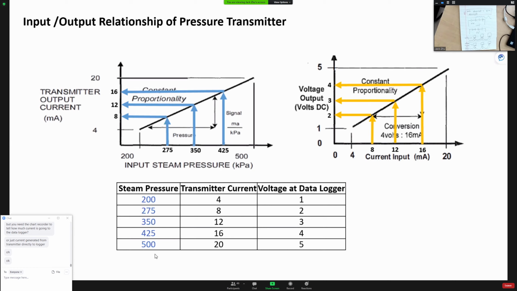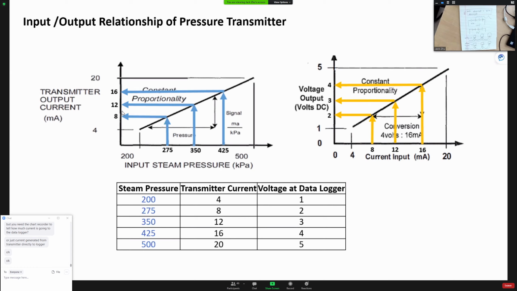They give you a table down here, but actually this is for the device to record those values. For you, we will ask you to do the calculations. We give you the formula and show you how to calculate them, but the important thing you have to remember from this picture is that a pressure, whatever it is, relates to a point on this line, and this line gives me a proportional current signal.